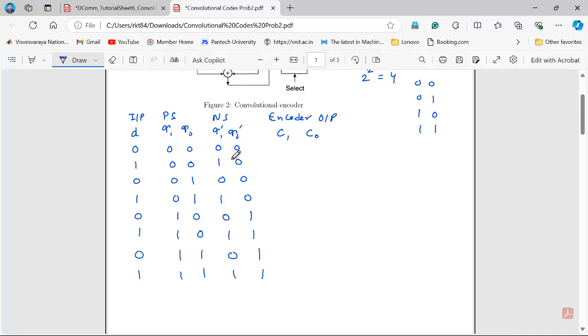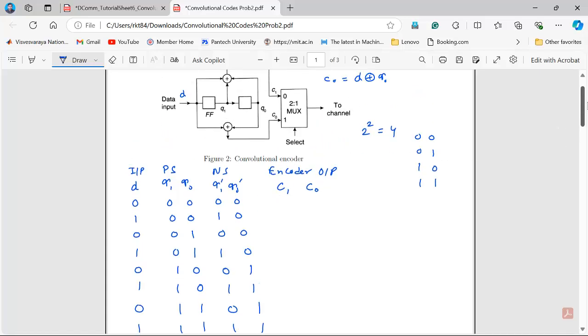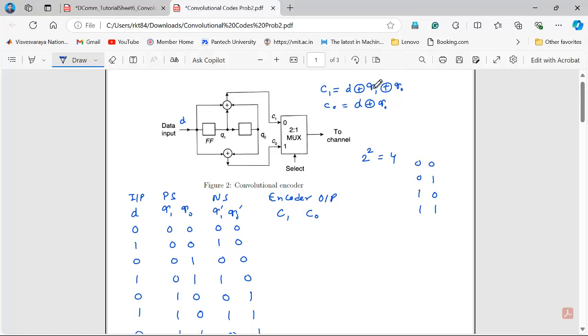Okay. Now you have to find the encoder outputs. So we have equations. By using these equations, you can easily write C1, C0. You will find this C1 and C0 with the help of the present state, not the next state.